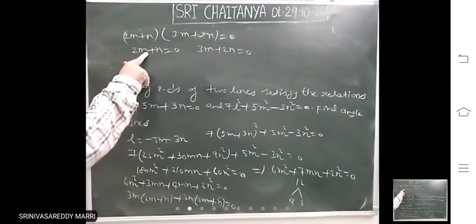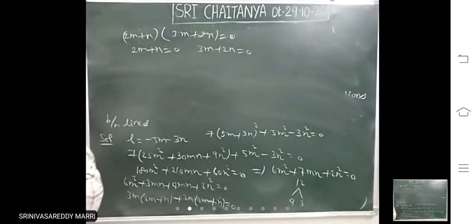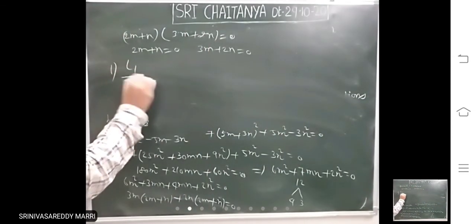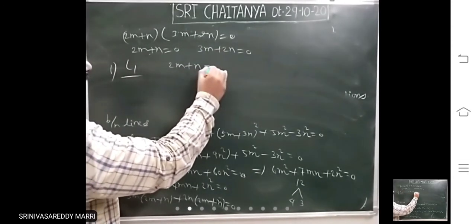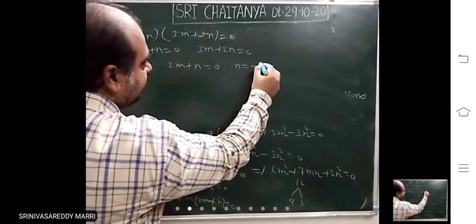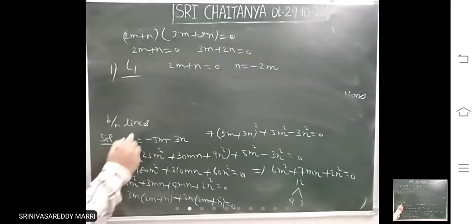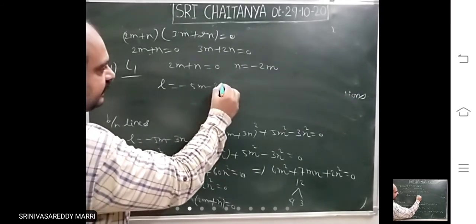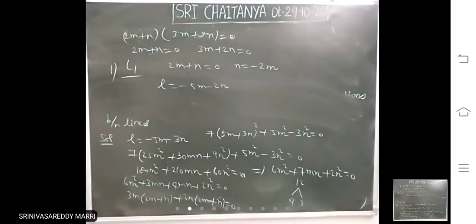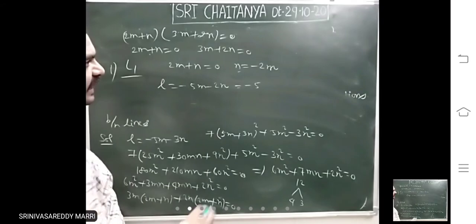One condition is for one line and the other condition is for the other line. Look at the first condition; take it as line 1. So n is minus 2m. Now l is what? Minus 5m minus 2n. You write n in terms of m, and l also in terms of m.